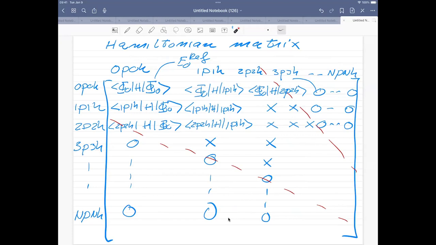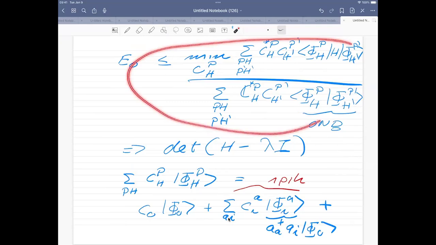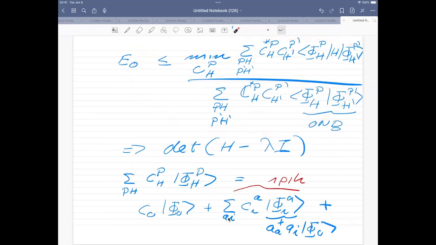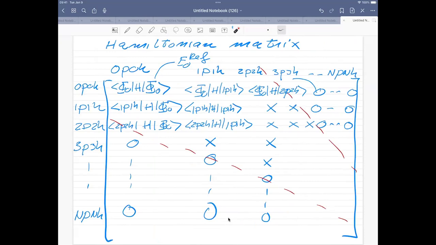So the FCI problem, or the full configuration interaction problem, starts with the basic problem which you have here. This is the minimization problem, and we want to find the best possible ansatz for the energy. In the CI calculation, we optimize with respect to these parameters. We could optimize with respect to parameters in the wave function, and there are many different ways of doing that. When we translate it, it gives us an equation where we have to find the roots of the determinant.